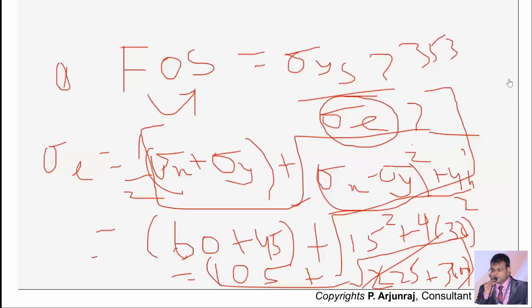Now let us go to the second one, which is the maximum shear stress theory, also called Guest's theory of equivalent stress. Again, here we are going to find sigma e, and once we find sigma e, we can find the factor of safety.